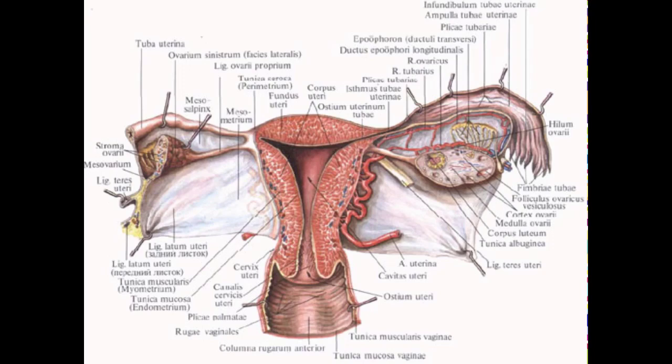So during the production of gametes, which are called the oocytes, the ova are released. The ova are the major gametes, and they are released into the peritoneal cavity, where they are infused to the uterine tube.